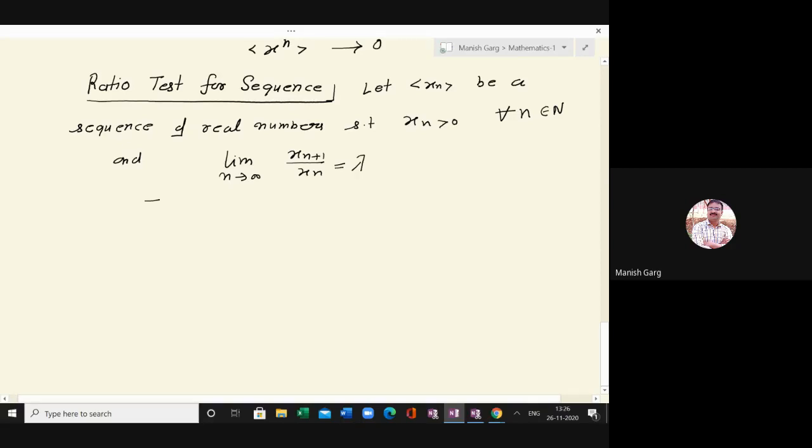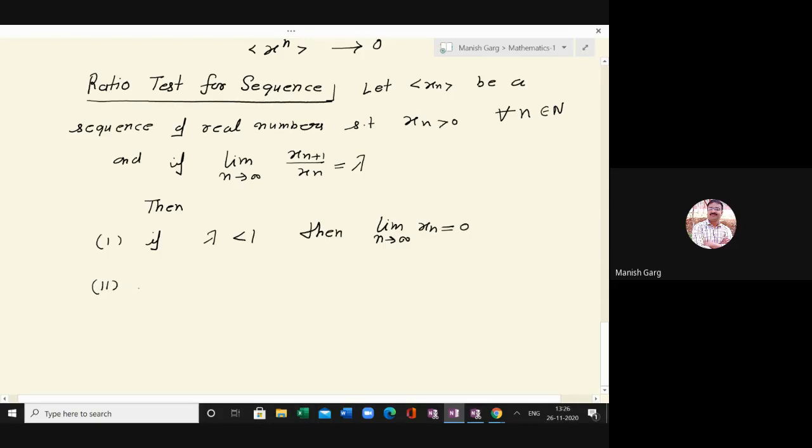Then it says, if lambda is less than 1, then the limit as n tends to infinity of xn will be 0.